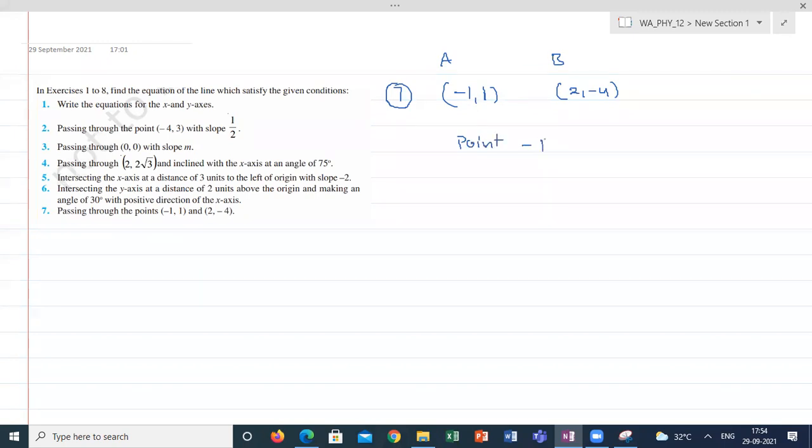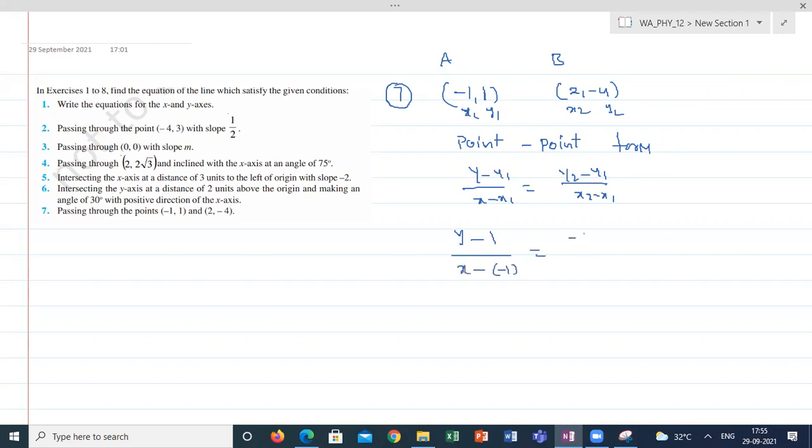Students, what is the point and point form? y minus y1 by x minus x1 is equal to y2 minus y1 by x2 minus x1. Suppose I'm taking this as x1, y1 and this as x2, y2.